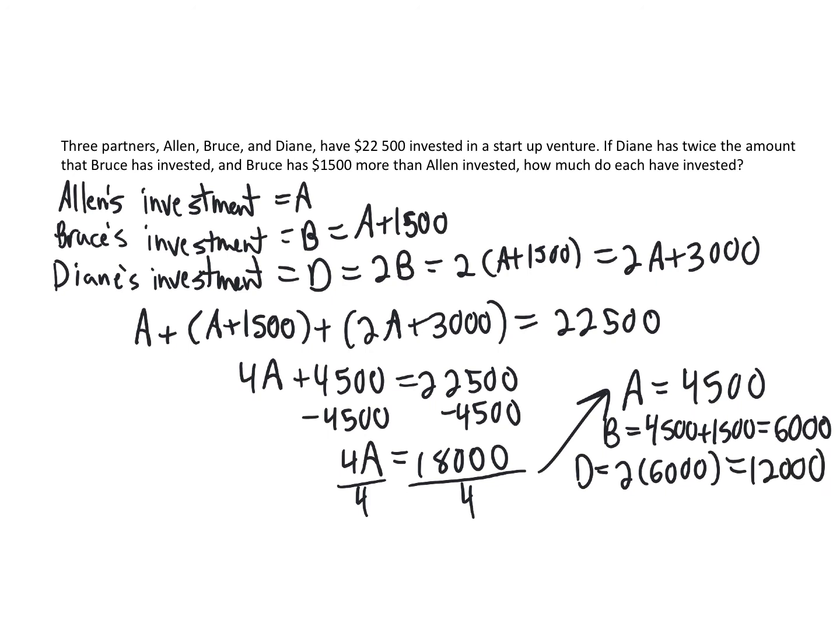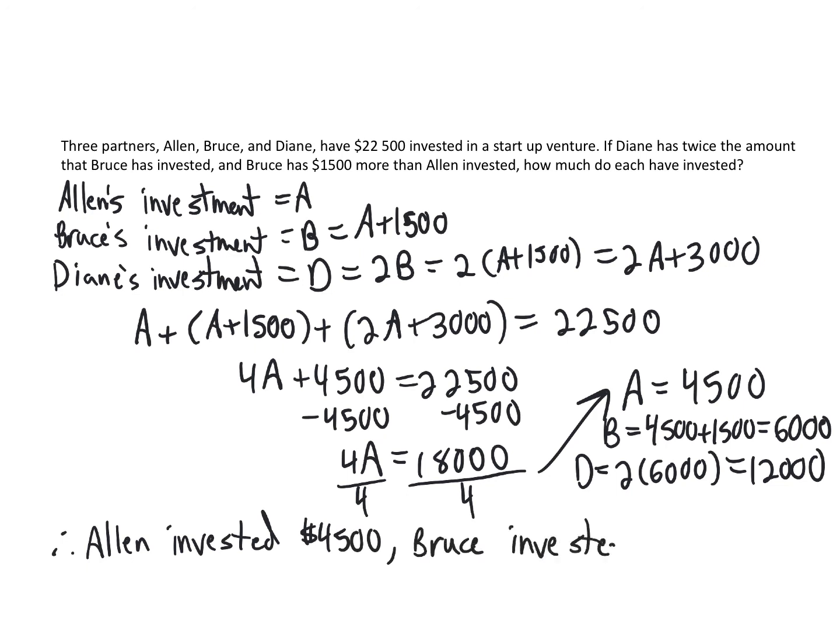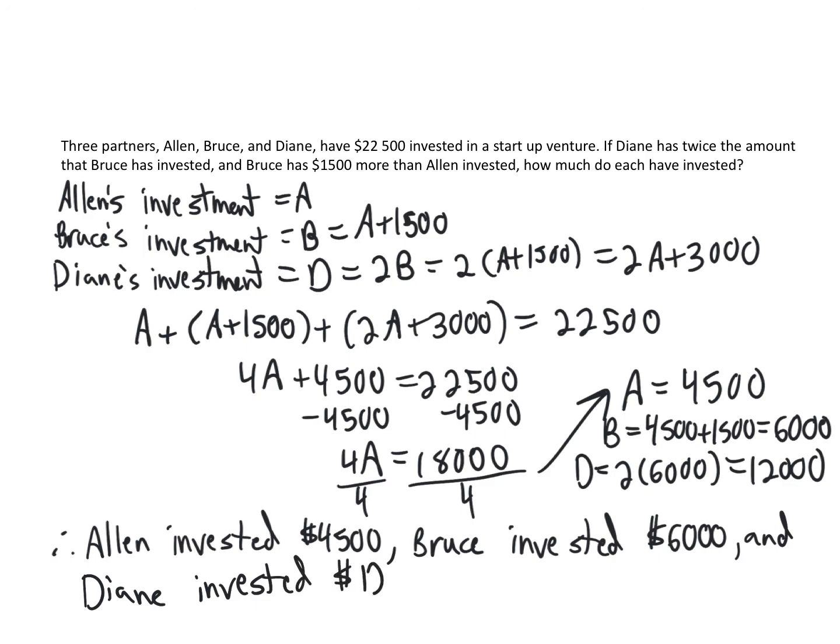And then you just need a conclusion. So therefore, Alan invested 4,500. Bruce invested 6,000. And Diane invested 12,000.